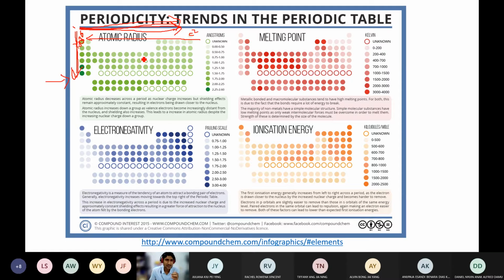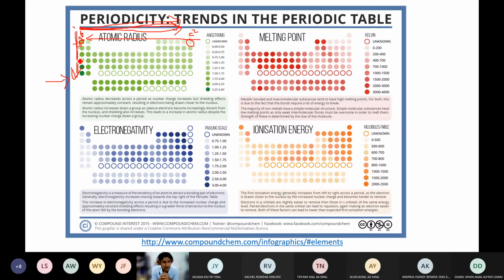This is one interesting thing. As I just said, the number of electrons is increasing, and the proton or atomic number was increasing as well, right? For lithium there are 3 protons and 3 electrons, and for fluorine there are 9 electrons.